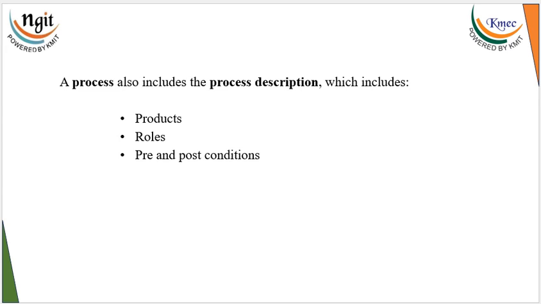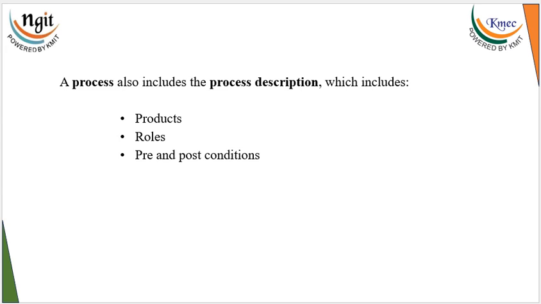Your process description consists of products, which are the activities or outcomes of a given activity. For example, if you work on an architectural design, the outcome of this design can be a software architecture.